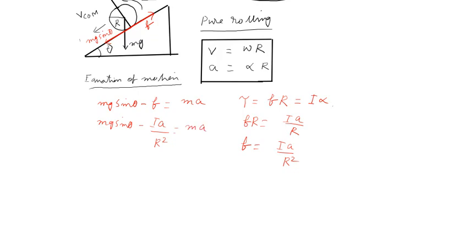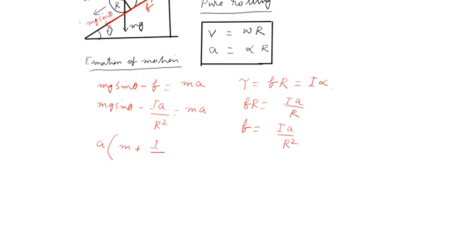So from here, if we take A common and take the terms on the same side, A times m plus I by R square is equal to mg sine theta.